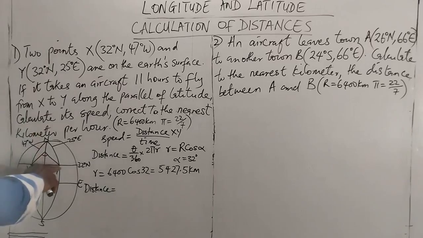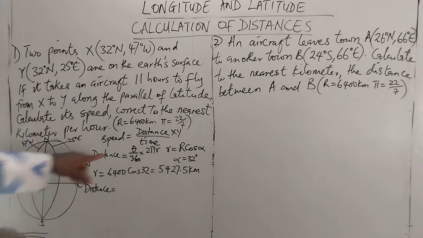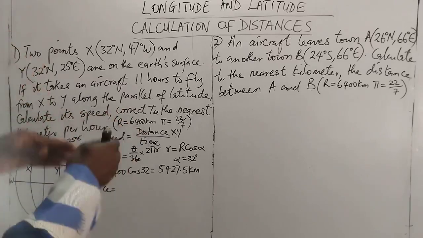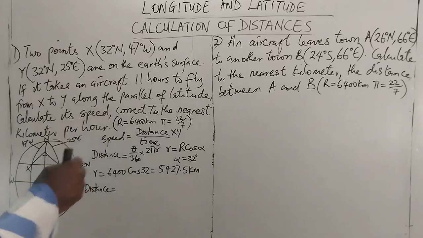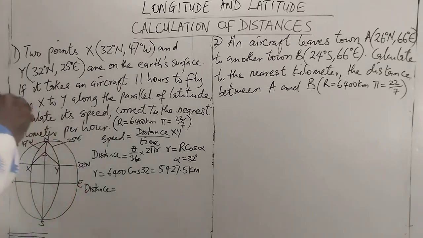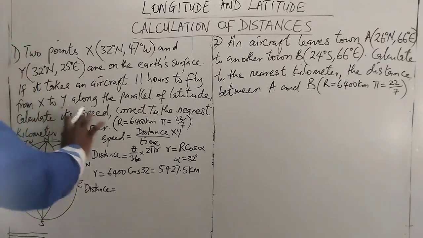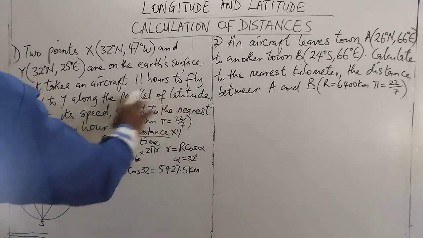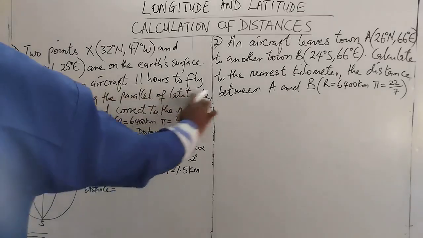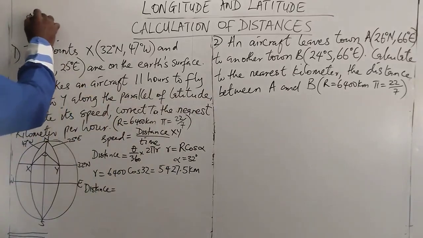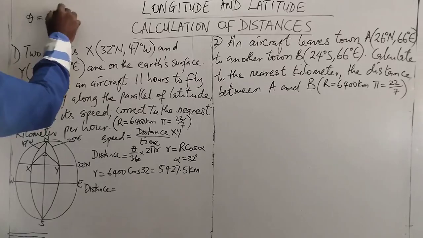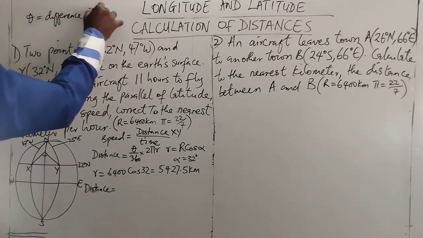But if the two points lie on the same longitude, your theta will be difference in latitude. So as long as the points lie along the same parallel of latitude, your theta will be difference in longitude.